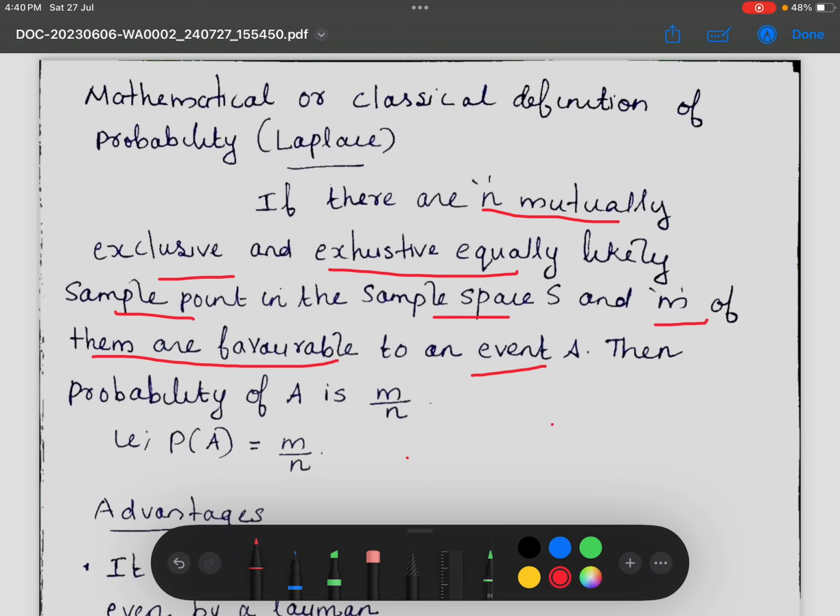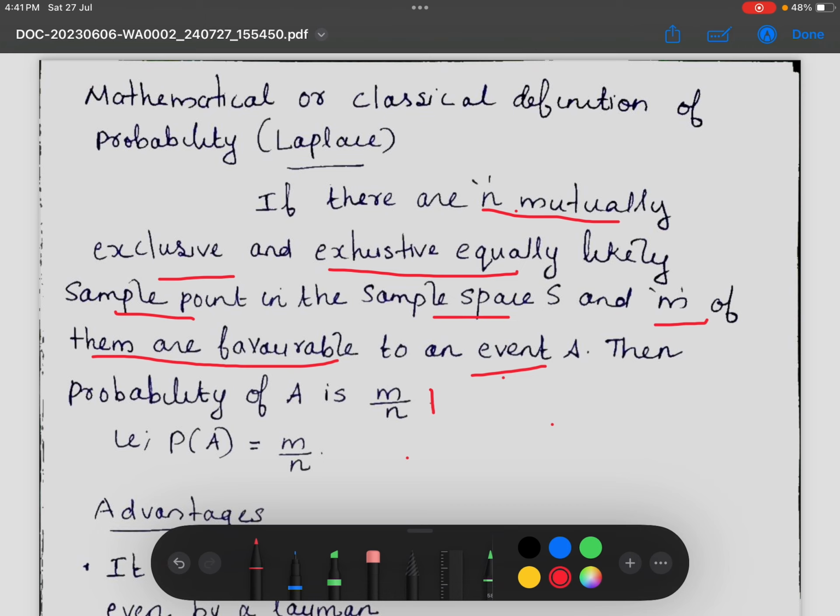Then, let S be the sample space with n mutually exclusive and equally likely sample points, and let A be the event with m of them favorable to A. Then the probability of A is equal to m by n.